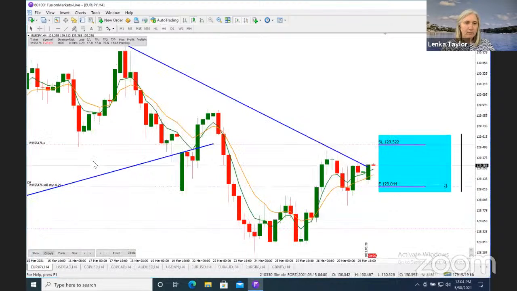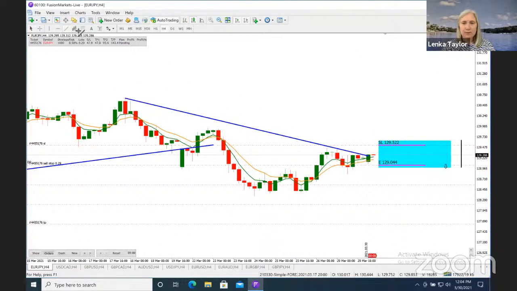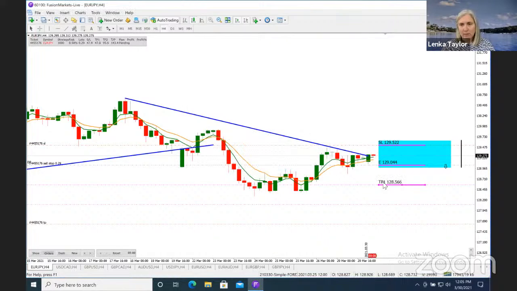And then for the TPs, let's scrunch that up a little bit. All right, so then we'll have TP1. I'll just copy this one. So TP1, there we go.